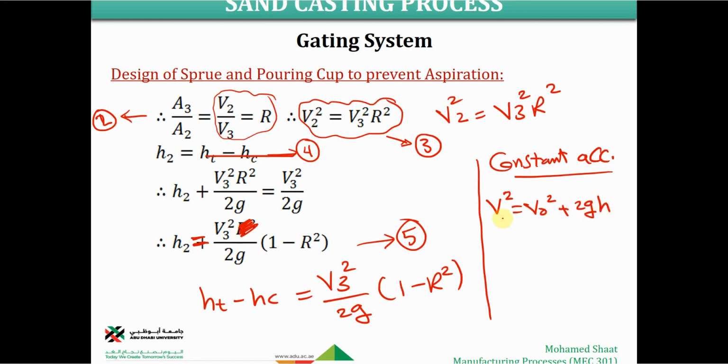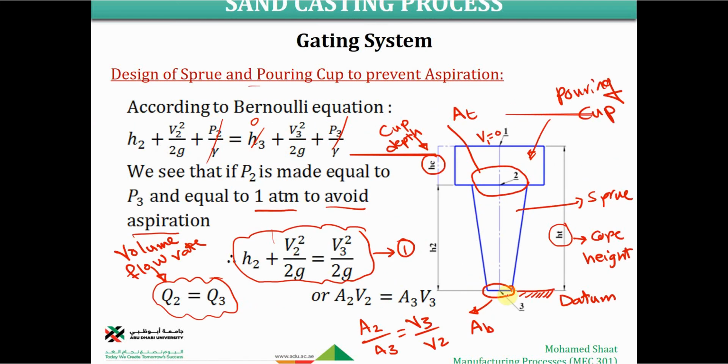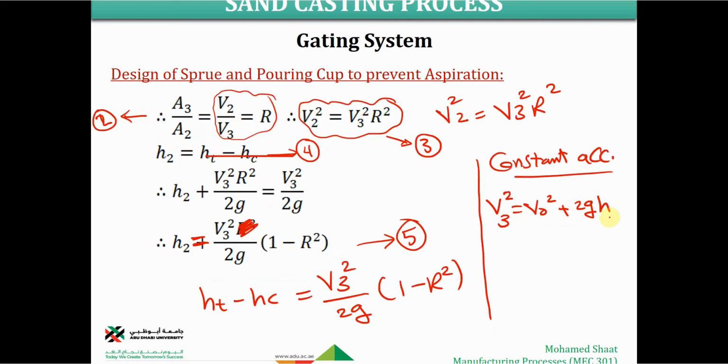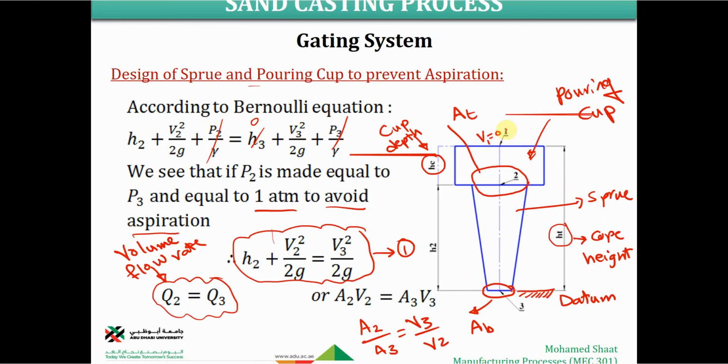So if we are interested in V3, the velocity of the molten metal at area 3 in comparison to the velocity of the molten metal at area 1, it means that the distance between area 1 and area 3 should be the total height, HT. In this case this should be V1, and as we agreed, V1 is 0, as we discussed here.